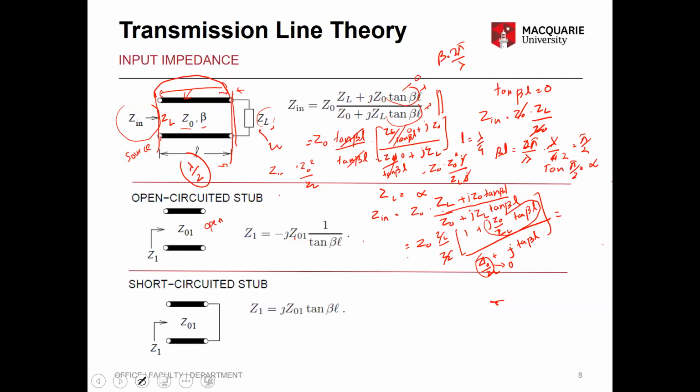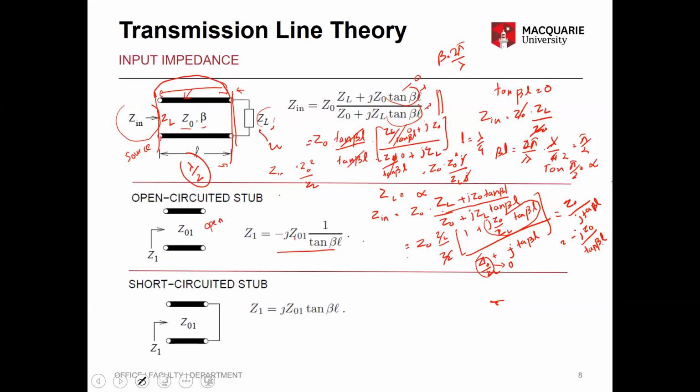So I'm left with Z naught divided by j tan beta L. Now if I want to get j to the top, I multiply by j, so you get minus j Z naught over tan beta L. Okay, so that's pretty much this. In the same way you can do the other case, we'll come to that later. But this is Z in for the open circuit.